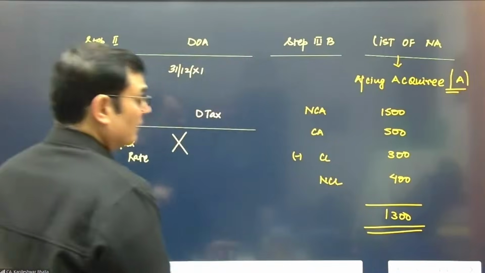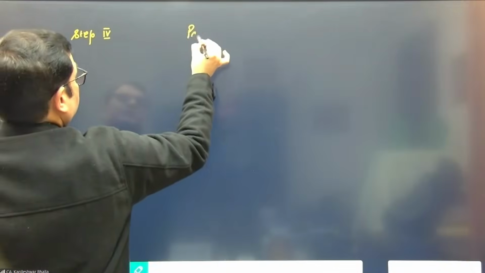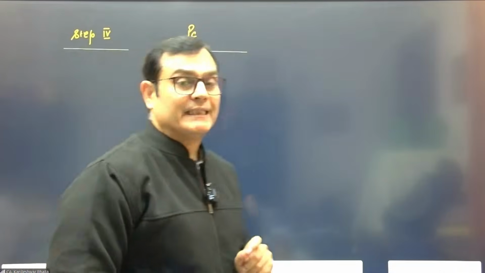Okay, now comes the crucial step. Watch this carefully, because this is a crucial step indeed. We are on step number 4, the calculation of the purchase consideration. Watch this carefully because many times people tend to get confused in this area of calculation. Reverse acquisition involves this crucial step.